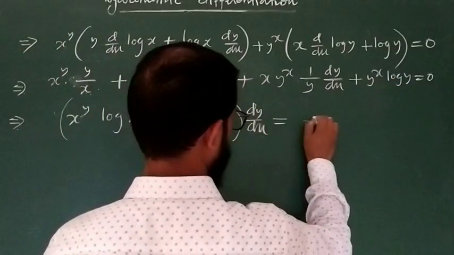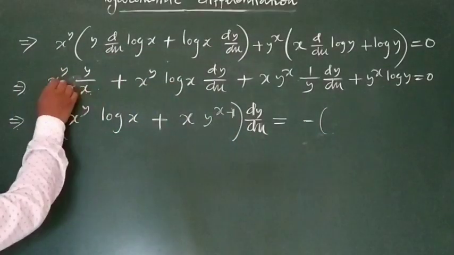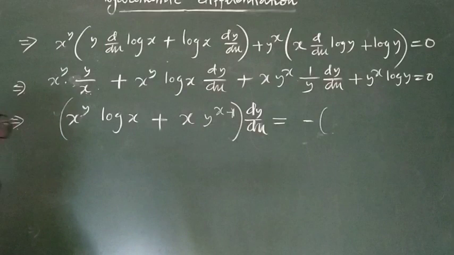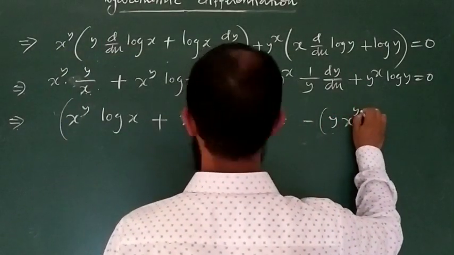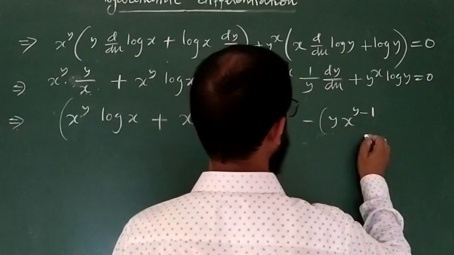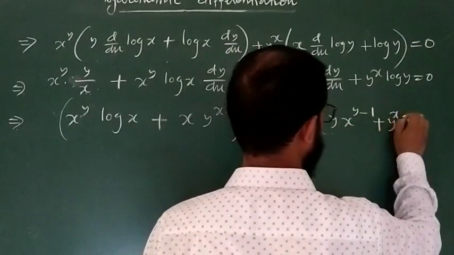Okay, minus, and in this particular term x and x cancel, y into x to the power y minus 1, minus, taking minus common, y to the power x into log y.